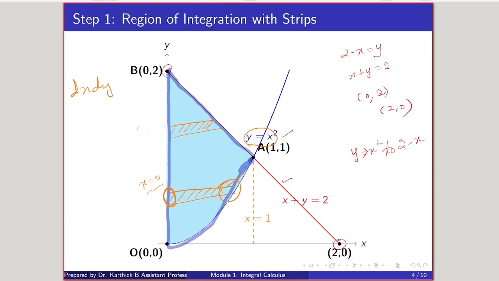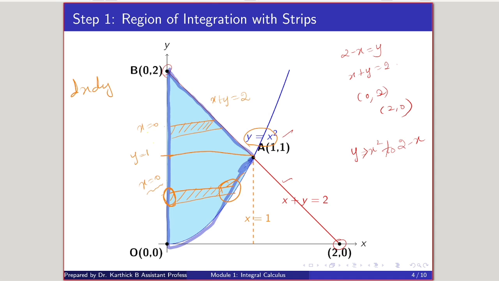The left end is x equal to 0, but if you move over to the right end, it joins the line x plus y equal to 2. So here we are getting two different limits. From this point, it is divided into two regions. Here the value will be y equal to 1.